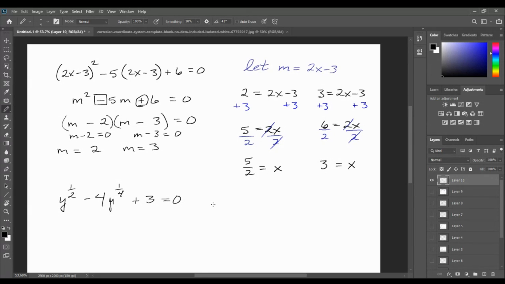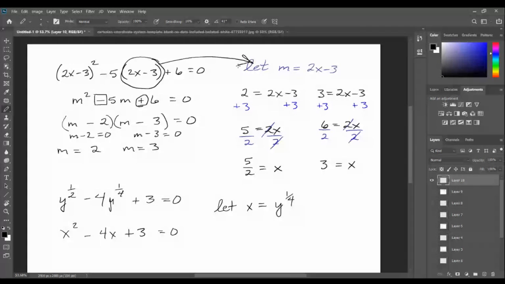That looks really weird, but if we say let x equal this middle one, y to the 1/4, if you square y to the 1/4, it's y to the 1/2. So this becomes x squared minus 4x plus 3, and we're back to a quadratic. So really, we take that middle part right there, that's where we do our substitution. That middle part is what you use for the substitution.